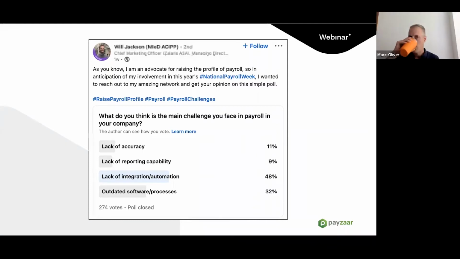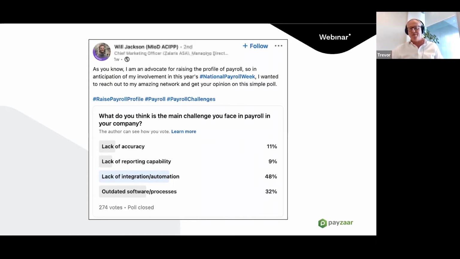And there's something really interesting about this. On one level, we're looking at this data, and I said, whoa, reporting doesn't seem to be very interesting to people, until I looked at the numbers a little bit. We can see in this little pulse survey from one of the traditional payroll vendors that people are still grappling with basic stuff like outdated software and process and integration and moving their data around the place.